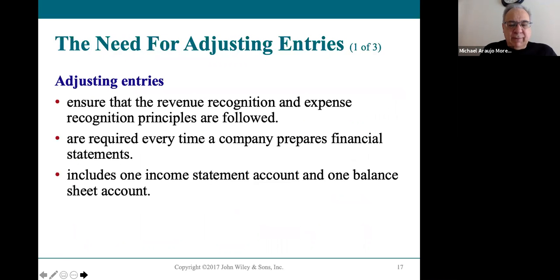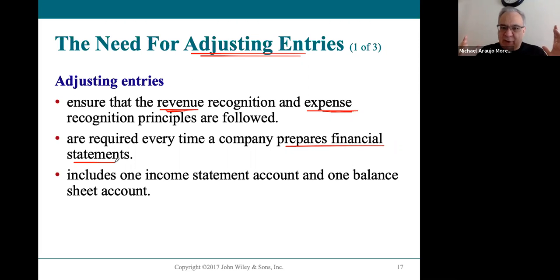Okay, so at the end of a year, at the end of a period of time, literally, every time they prepare an income statement, they have to do some adjusting entries. And that basically is sort of a double checking process to make sure that all the revenue is there and all the expenses are there before they actually prepare the financial statement. Why is that important?